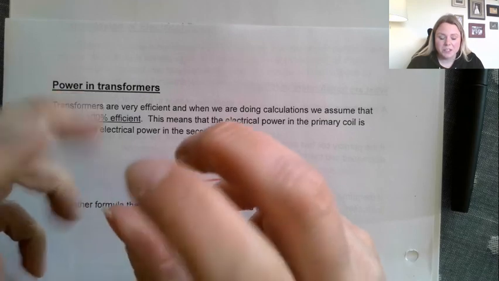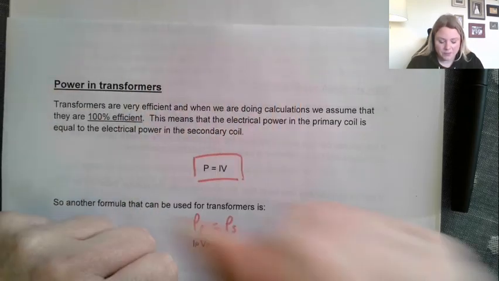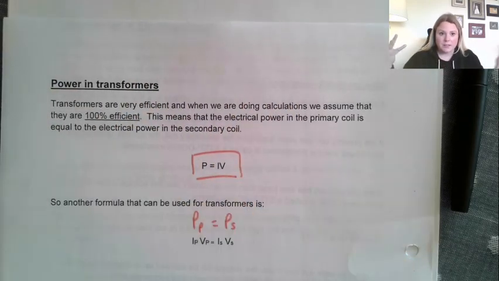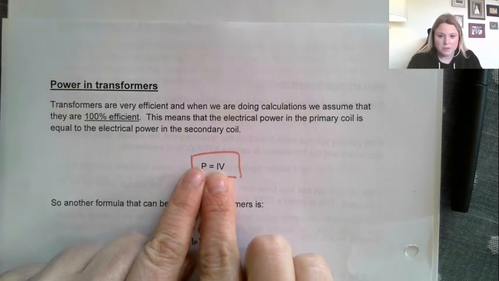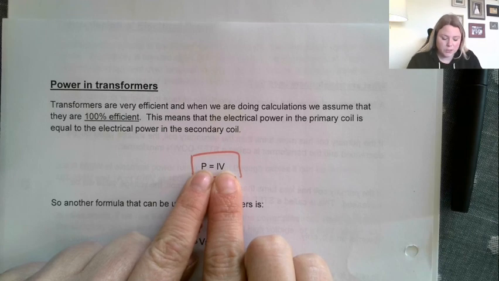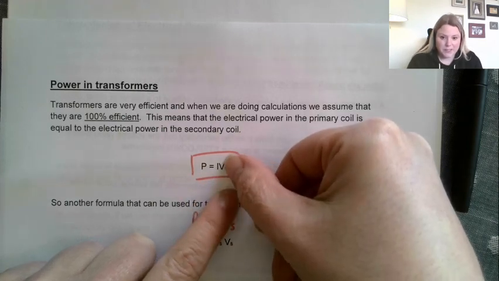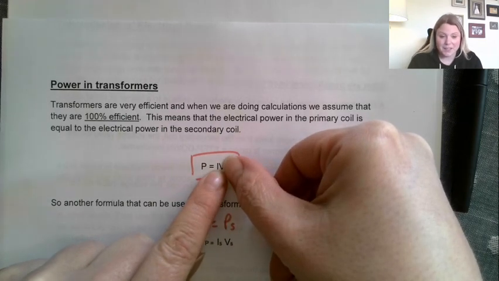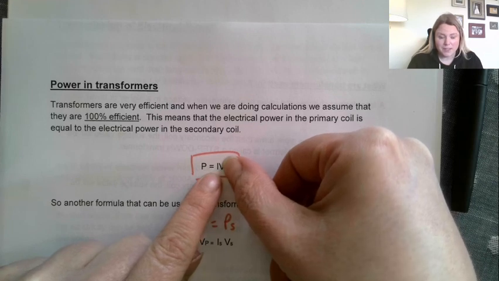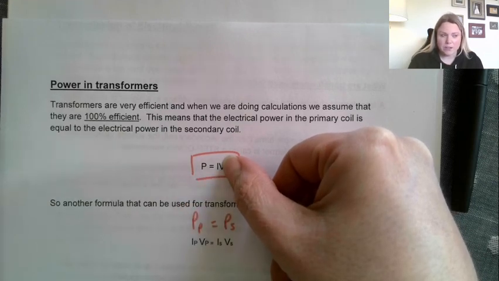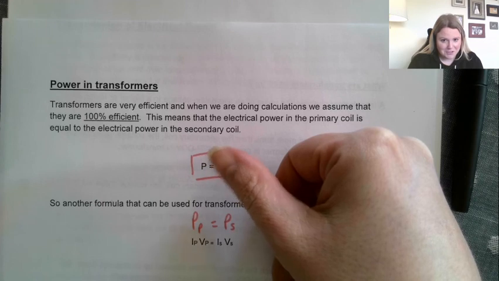Transformers are very efficient, but they're not 100% efficient. So the power in is roughly equal to the power out, because power is equal to current multiplied by voltage. If we have a really, really high voltage, it means we can have a really low current, and high currents are what are dangerous to us.